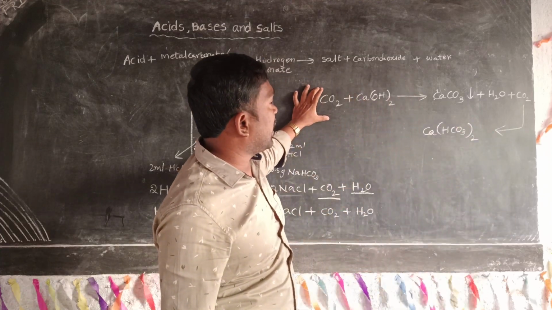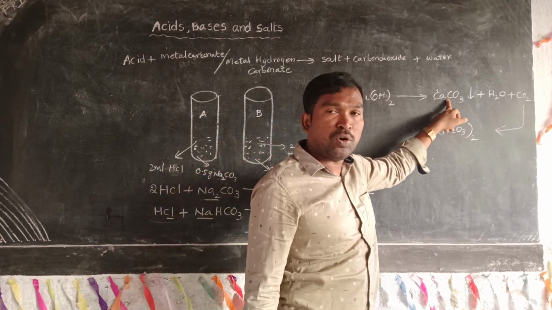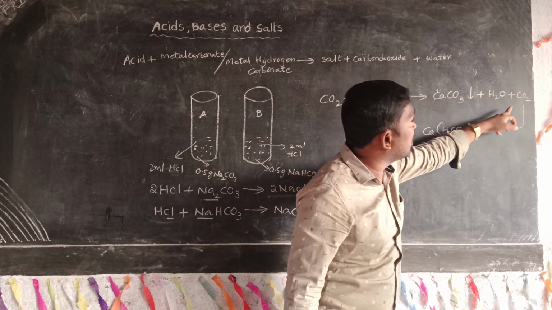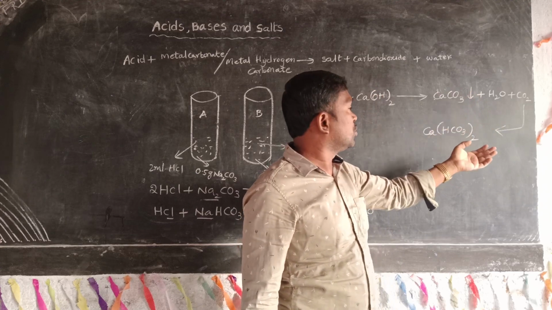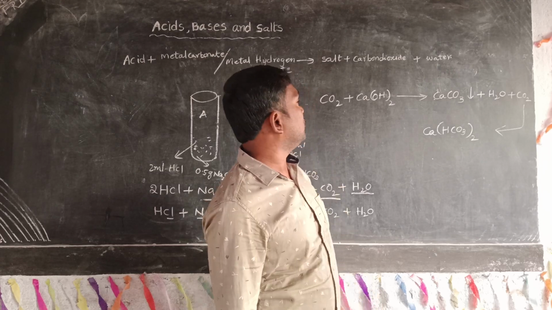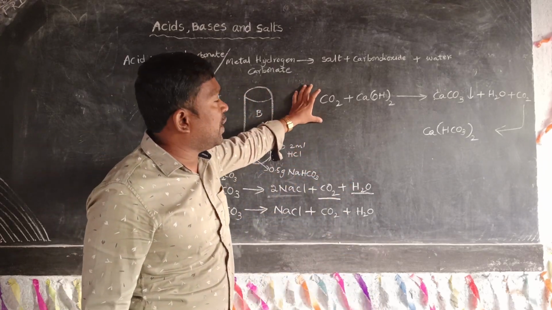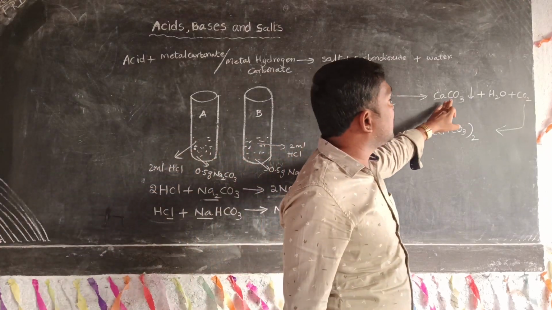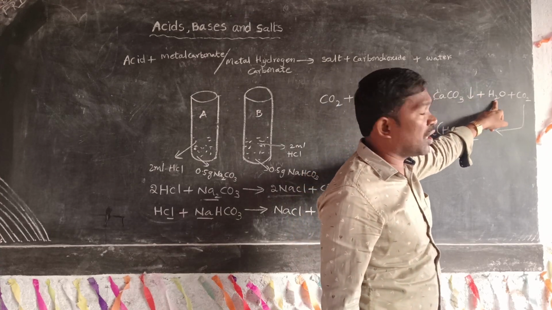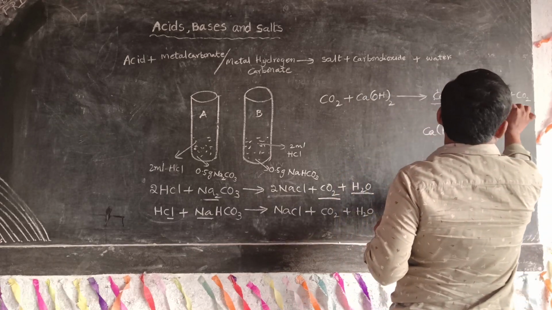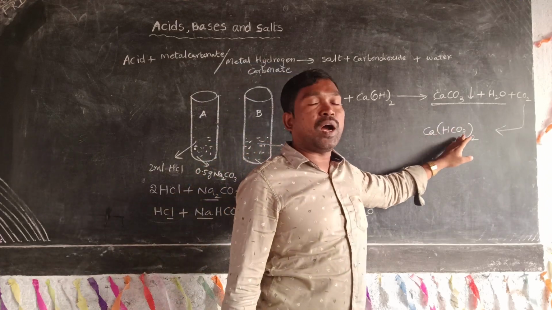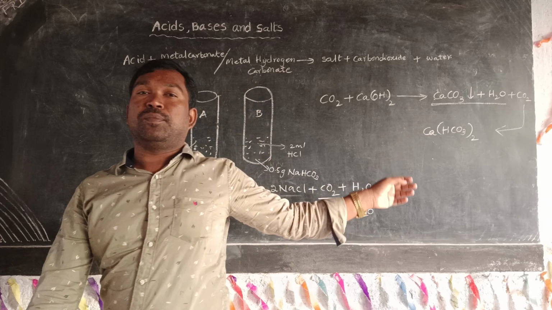So carbon dioxide passed through lime water forms calcium carbonate, the white precipitate, and water. With excess carbon dioxide, calcium hydrogen carbonate is formed.